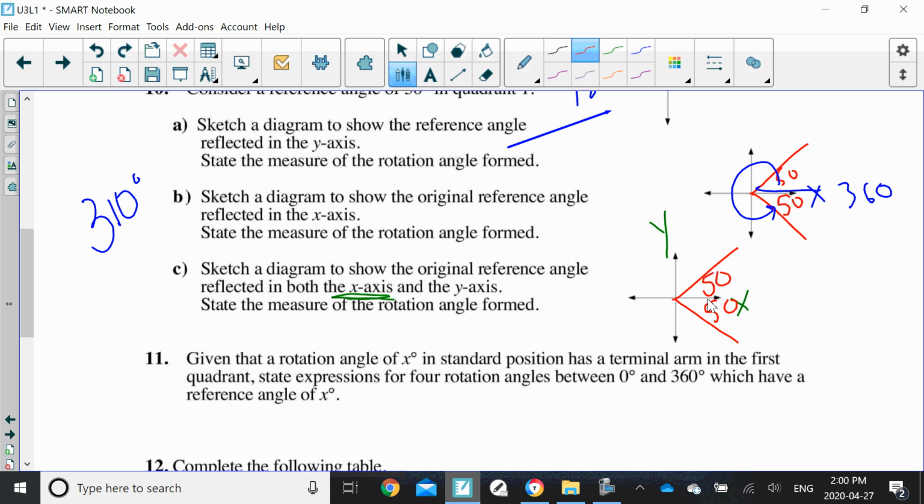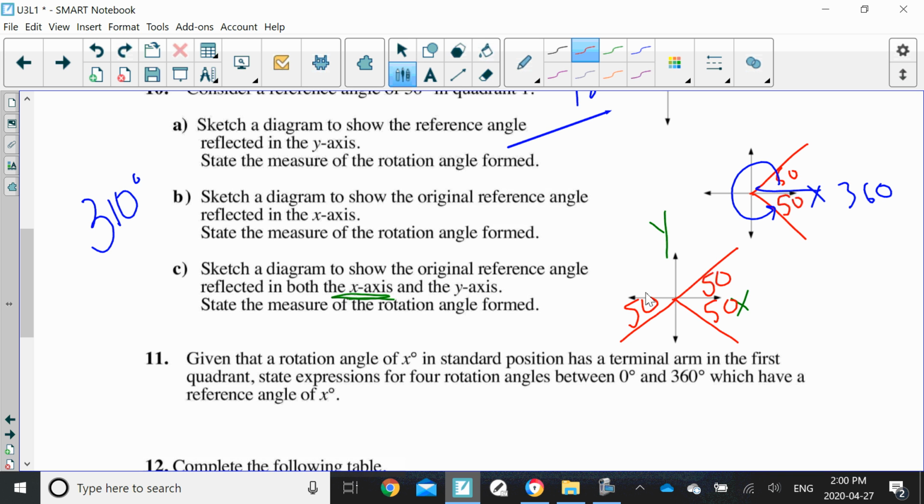Then they want that angle reflected in the y-axis. This is your y-axis, and you need to use that as your mirror. So take this angle and reflect it in your y-axis. If I do that, then I would have 50 degrees here. So this is your original reference angle reflected in the x and the y-axis.